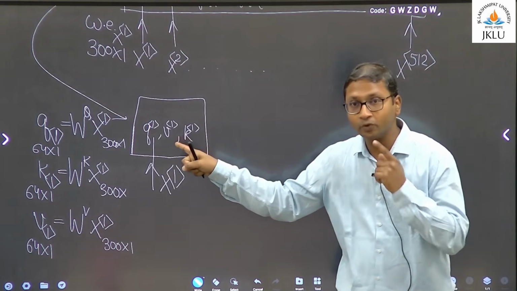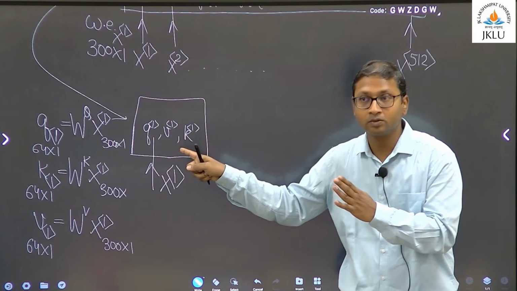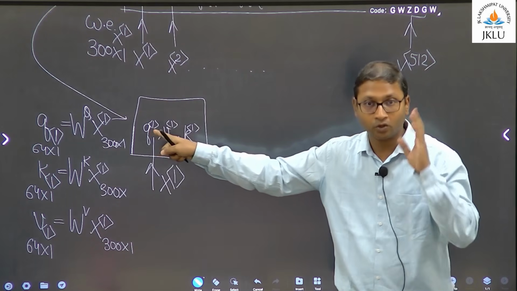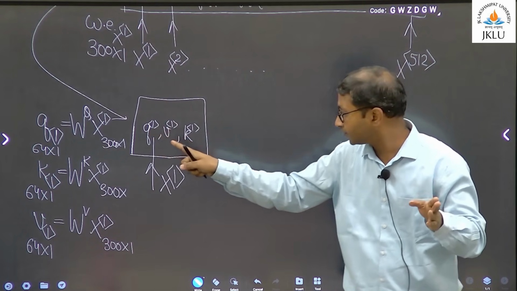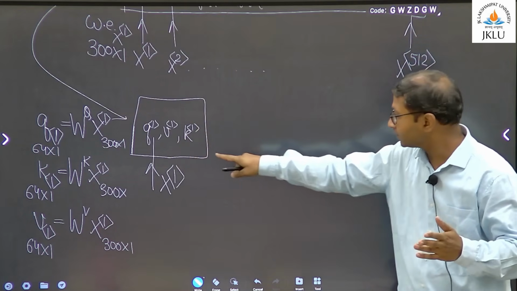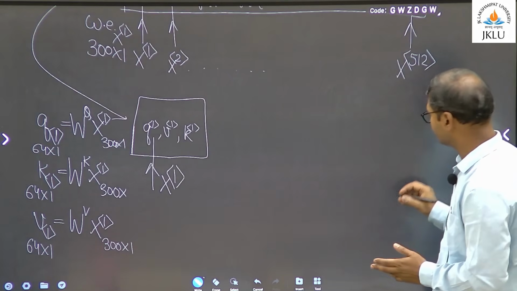Can you just compute it by just this block? No. Self attention means Q1 dotted with K1, and then you have to take dot product with all.